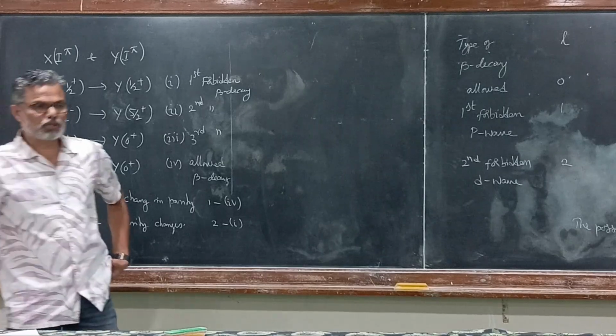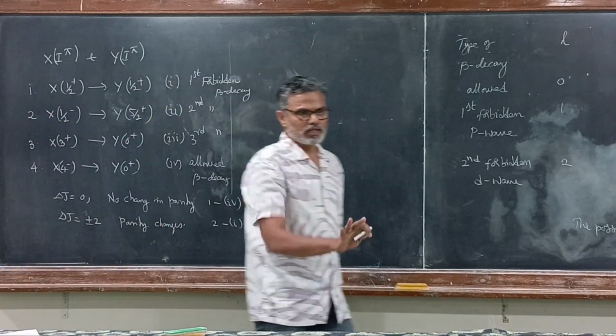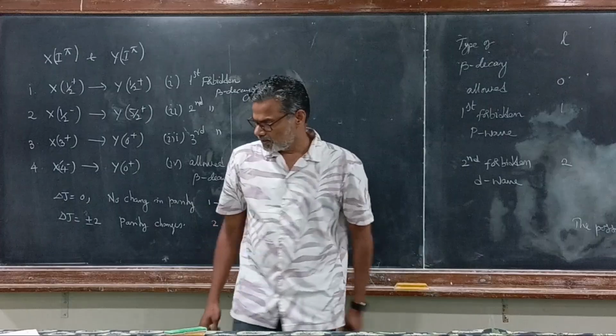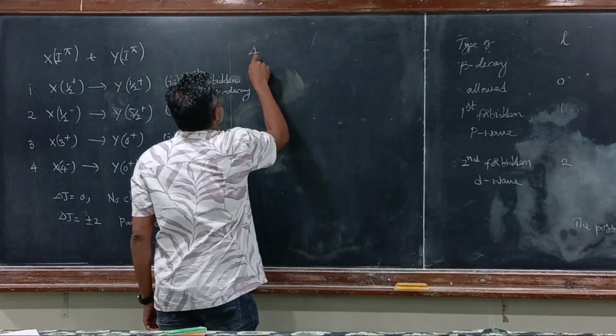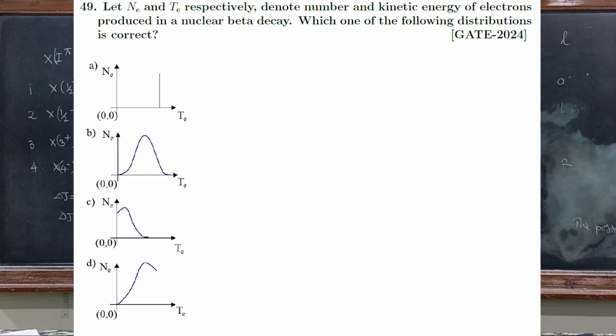Which one of the following descriptions is correct? I believe you can answer this. So question number 49: your Ne is plotted as a function of P, the kinetic energy of a beta decay.